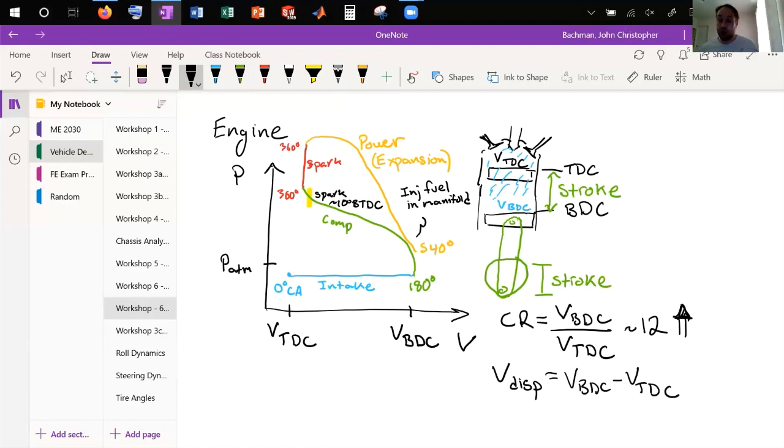Typically somewhere around here you inject fuel in the manifold. That way, about 180 degrees before you need to intake that air, it's already getting to mix. And then you're going to come down here to 720 degrees, and this is your exhaust stroke.